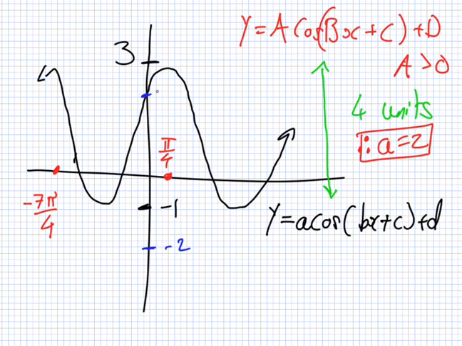So it should go from minus 2 to 2 if the A is 2. But it doesn't. It goes from minus 1 to 3. So it was moved up 1 unit. Therefore, D equals 1.